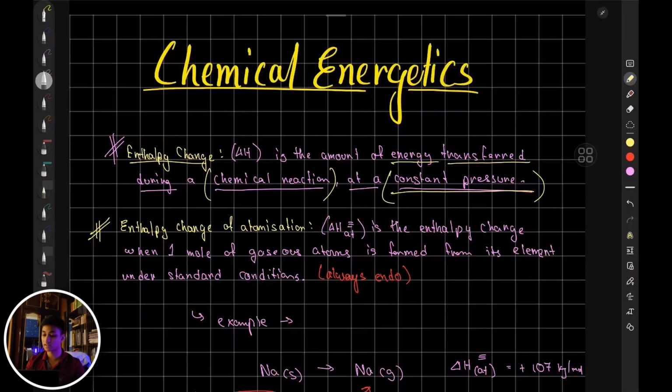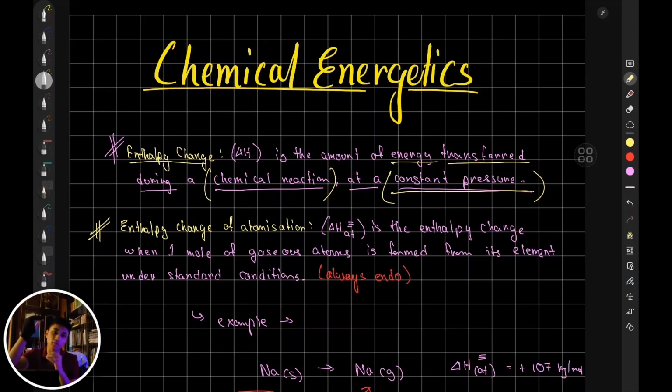So what is the condition? A constant pressure. Why does that matter? Because depending on the pressure, the amount of intermolecular forces, or the forces between the atoms or molecules, are going to vary. And the stronger or weaker the bonds are, the amount of energy released or gained will be affected as well, which is why the pressure is important.